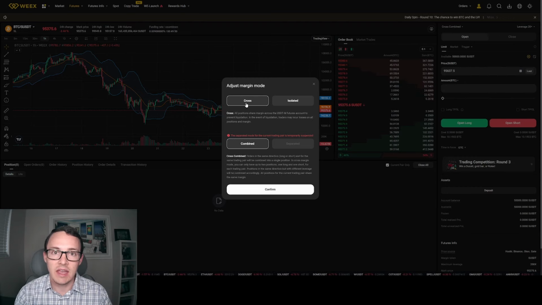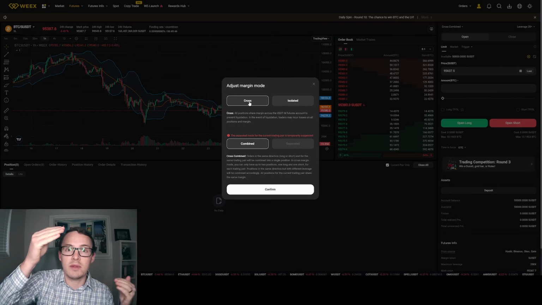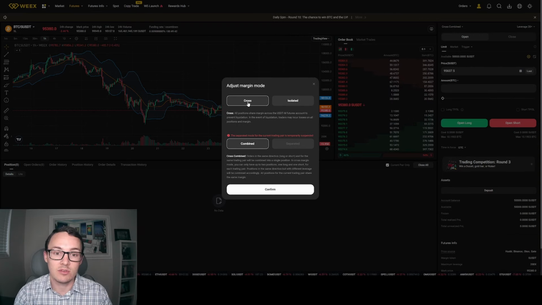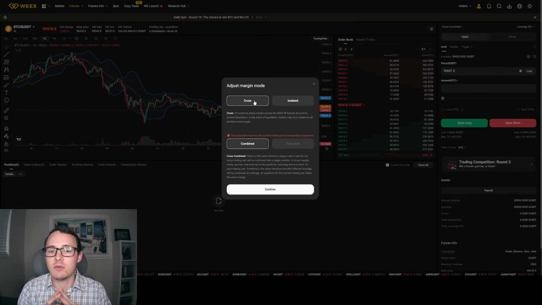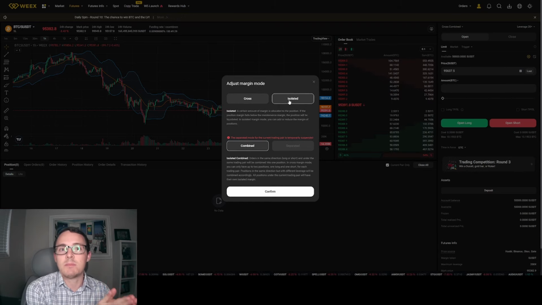However, this can cause an issue. Let's say Bitcoin goes up but Ethereum goes way down, both your Bitcoin and Ethereum trades might get liquidated if you're using cross margin, because you're intermingling the margin. Because of that, I only use isolated margin, meaning the margin is looked at for that position only.